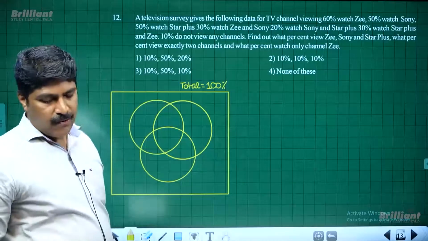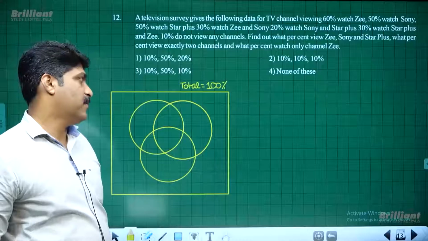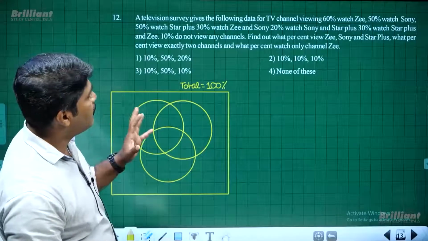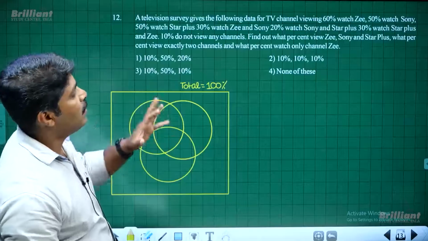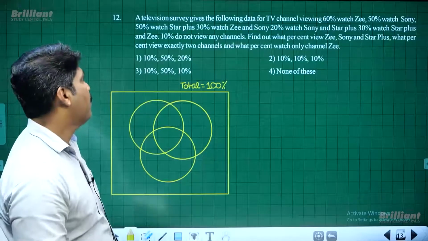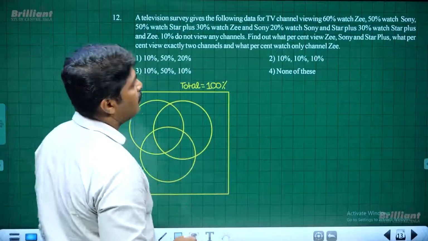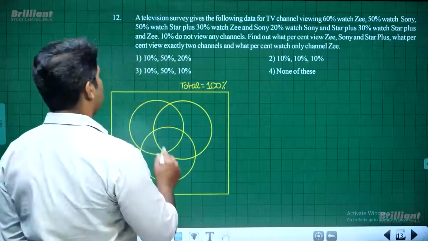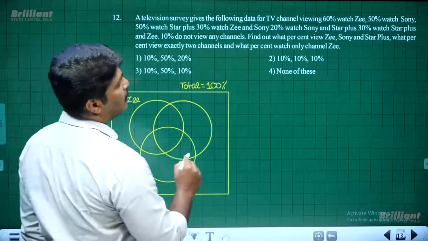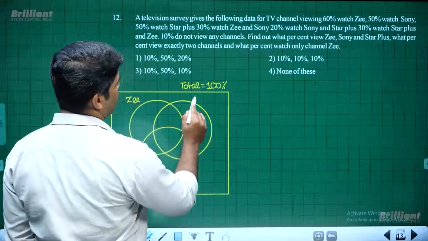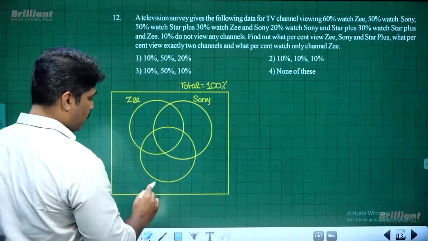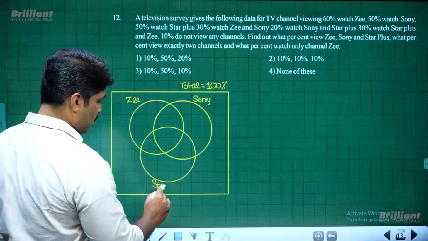Then how do we do this type of question? If we are considering the steps, we include the details over here. First of all, this is the case we can consider: this is the first one, C, and the second one, Sony, and Star Plus. Got it?